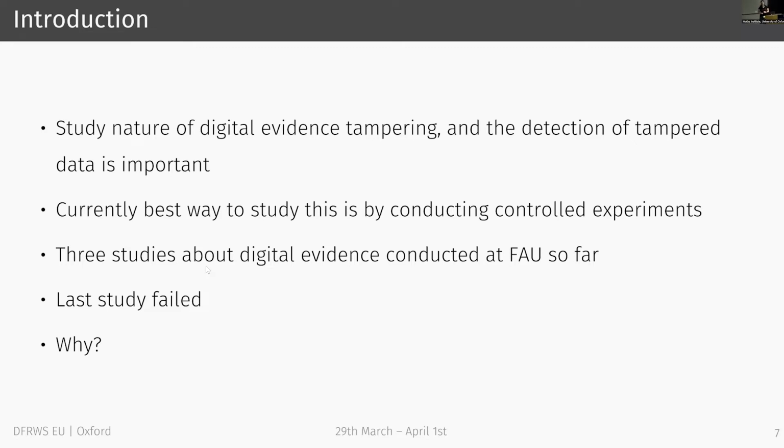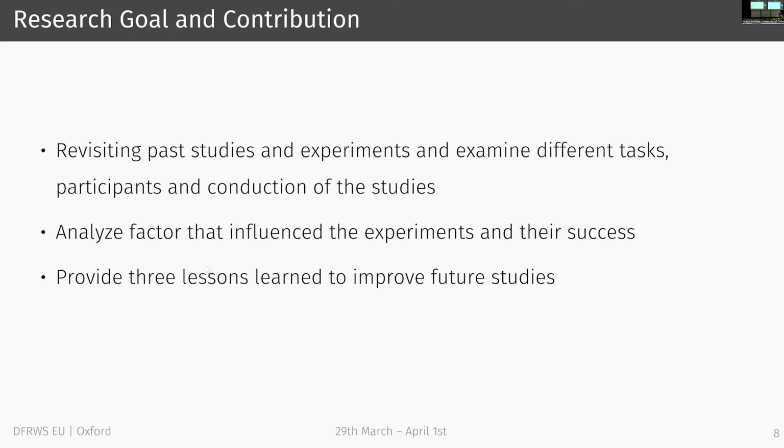In our last study, one of the experiments failed, so we had to repeat it. And the second try also failed. And we were wondering, why? Why could that happen? We put so much thought into these experiments. So we revisited our past studies and experiments.